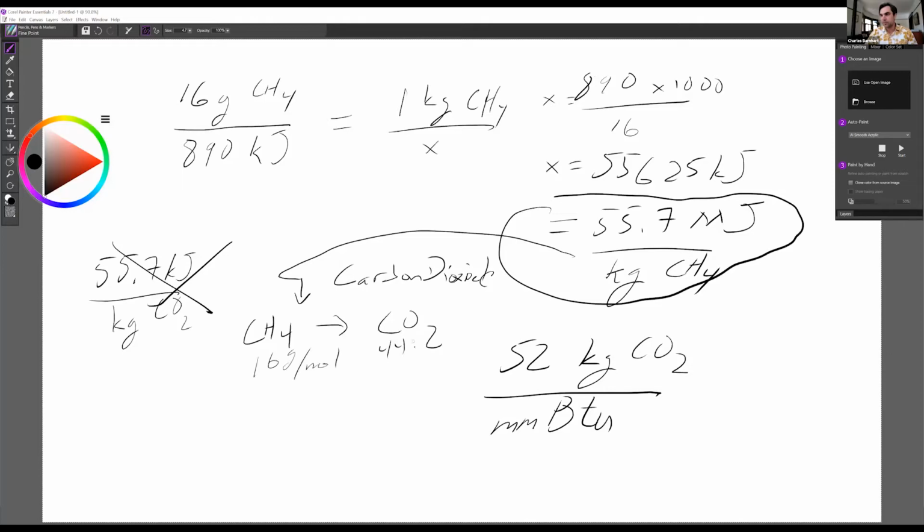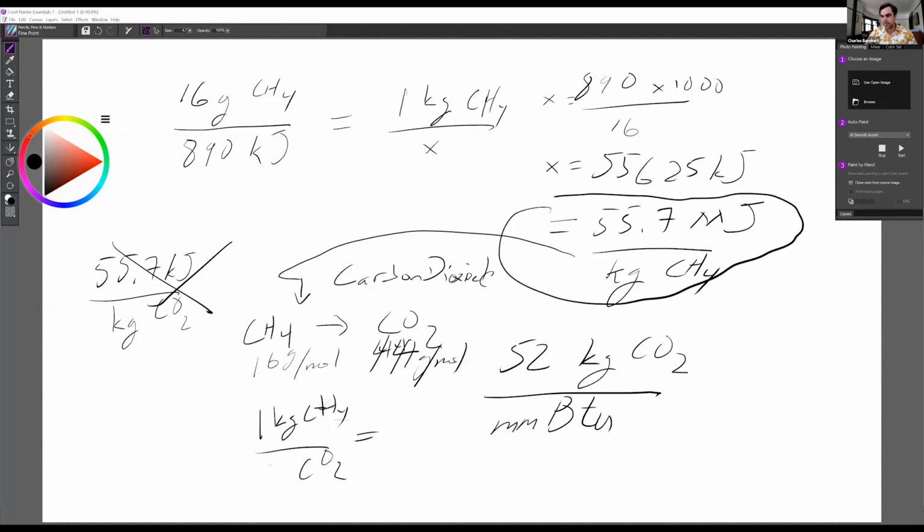This is 44 grams per mole. And so then we just set up a ratio and proportion and say that to get 55.7 megajoules of energy, we need to burn 1 kilogram of methane. Well, how much CO2 will it make?